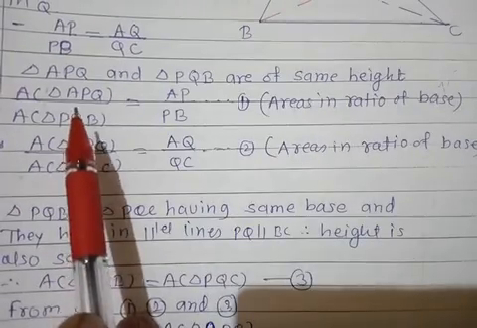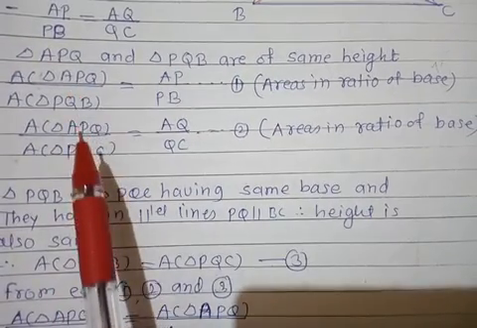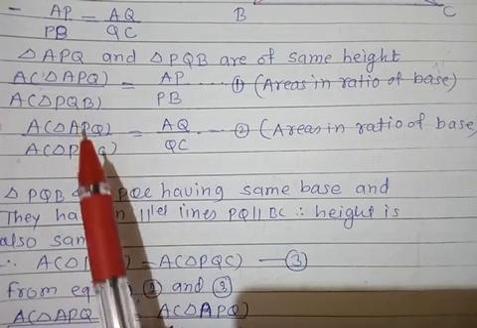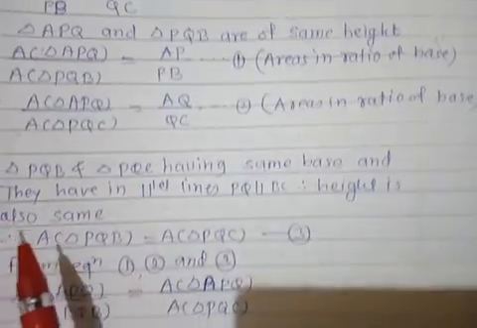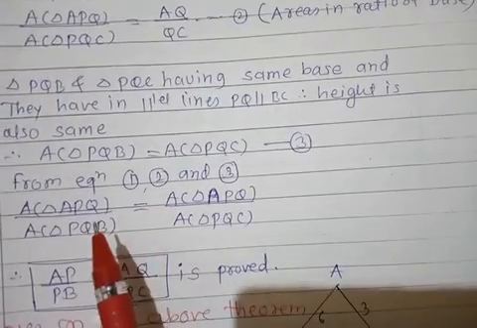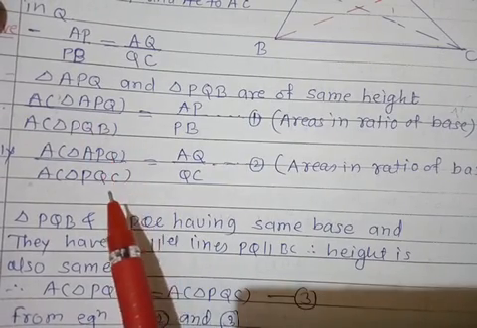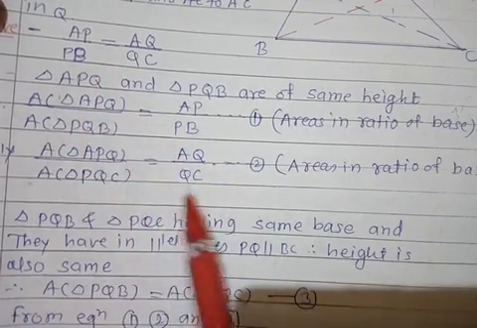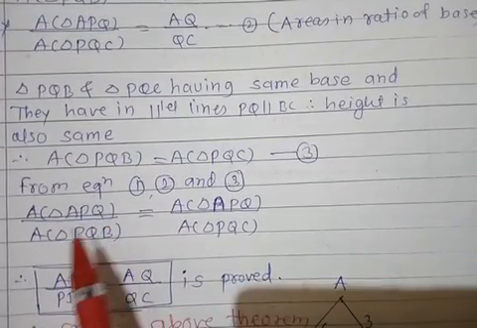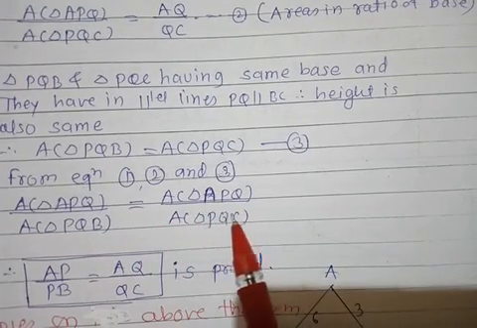Therefore, I have written that area of PQB equals area of PQC, and the numerator is clearly the same. The denominator we have written from equations 1 to 3, so LHS equals LHS: area of triangle APQ divided by area of triangle PQB, therefore equals area of triangle APQ divided by area of triangle PQC.